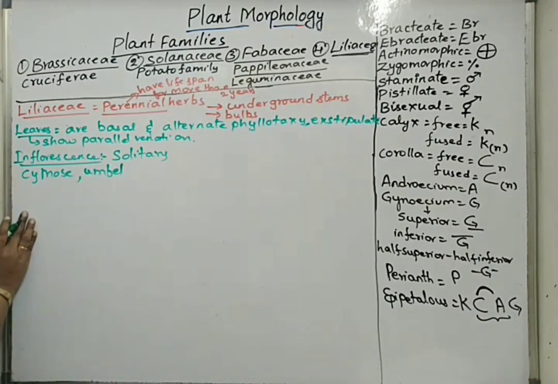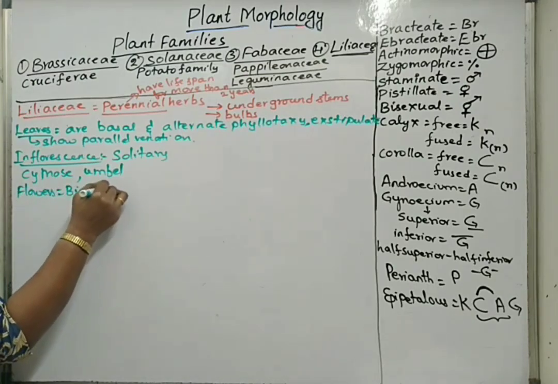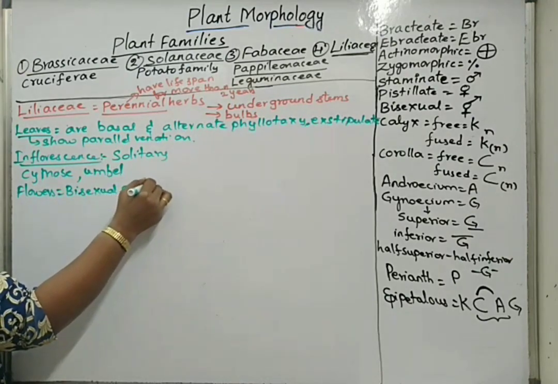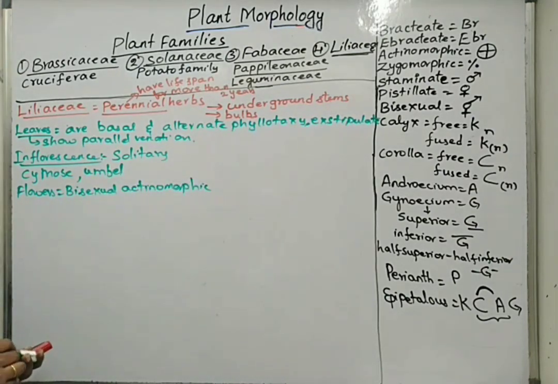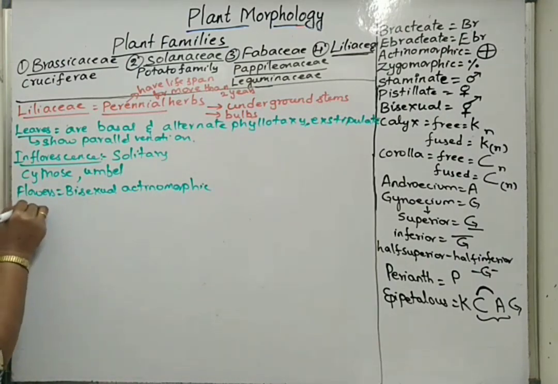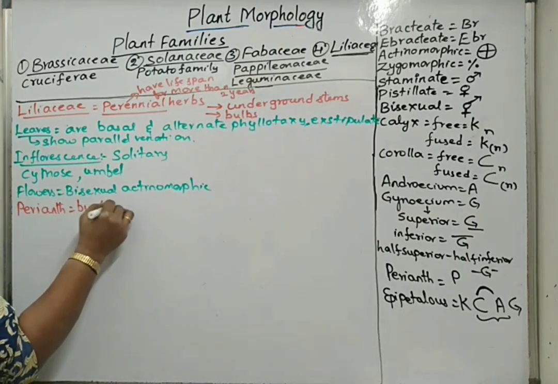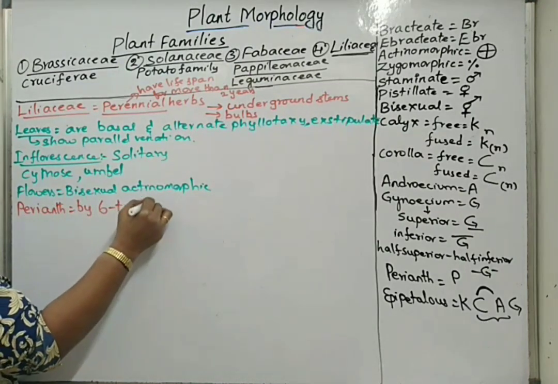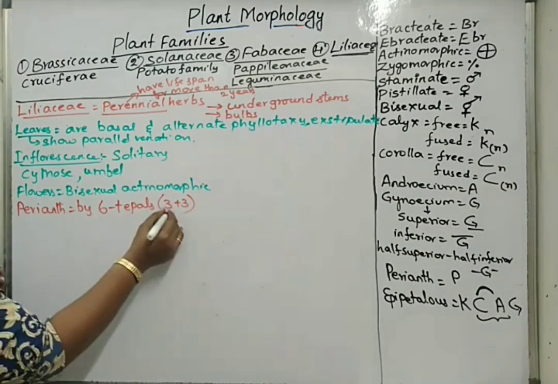Next, coming to flowers. Flowers are bisexual and actinomorphic. Calyx and corolla are fused and converted into perianth by 6 tepals, which are arranged in 3+3 whorls, meaning 2 whorls.